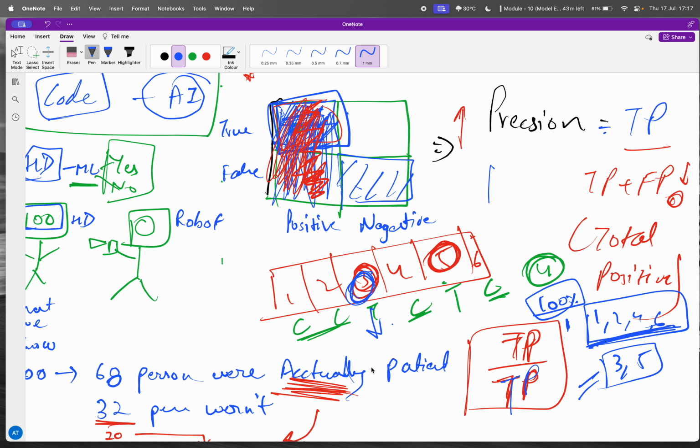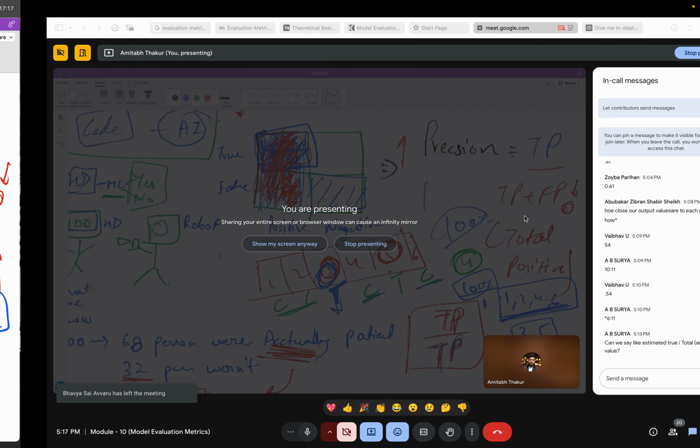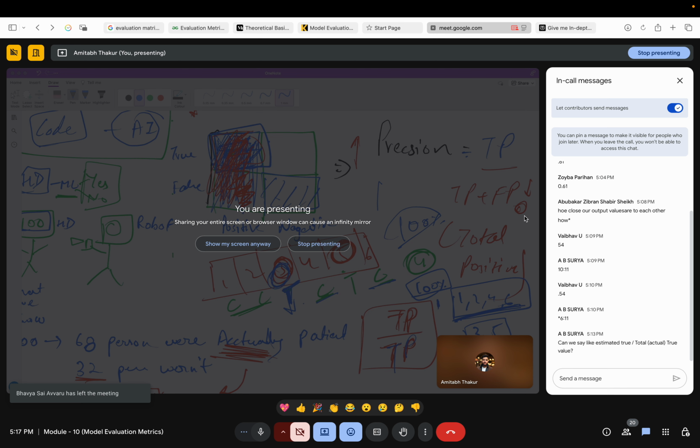Like this person is telling, brother, I am a devotee of Mother India, long live the revolution, everything it is telling, but it is acting like a civilian, and it is not a civilian, right? So if this is not selected by your model, then your precision goes to 100%. Did you guys get the concept?